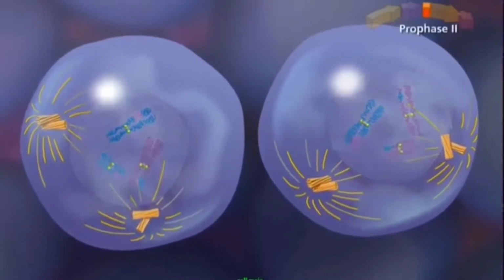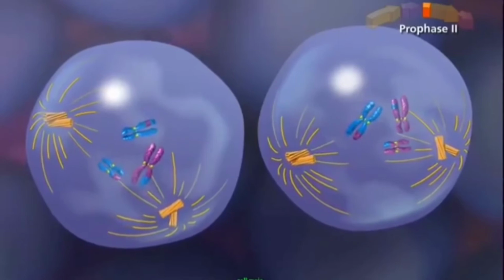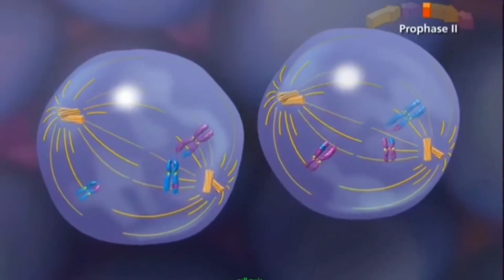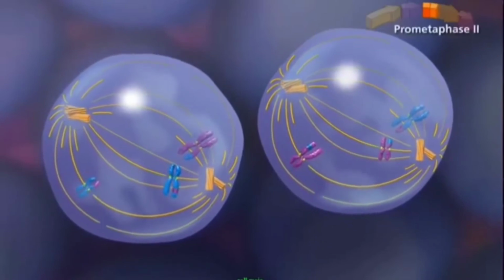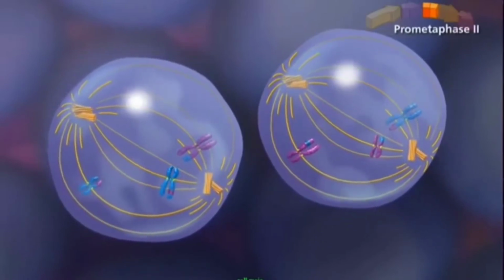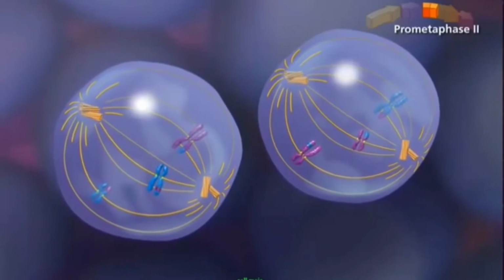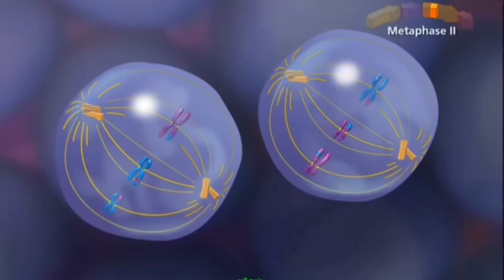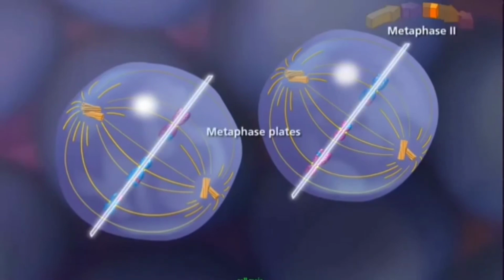In prophase II, the sister chromatids condense while the spindle starts to form as the nuclear envelope disappears. In metaphase II, the sister chromatids attach to the spindle by the kinetochore microtubules. With sister chromatids attached to opposite poles, the spindle aligns the sister chromatids along the metaphase plate.